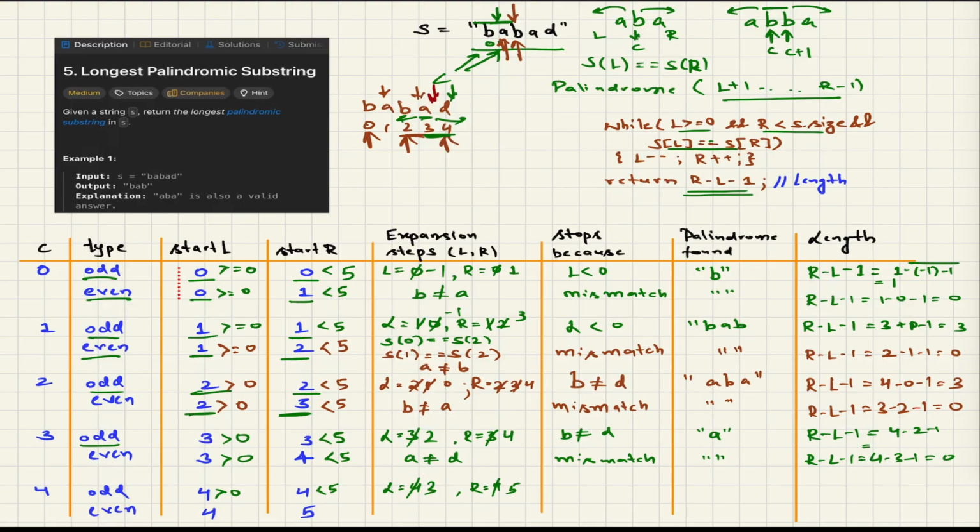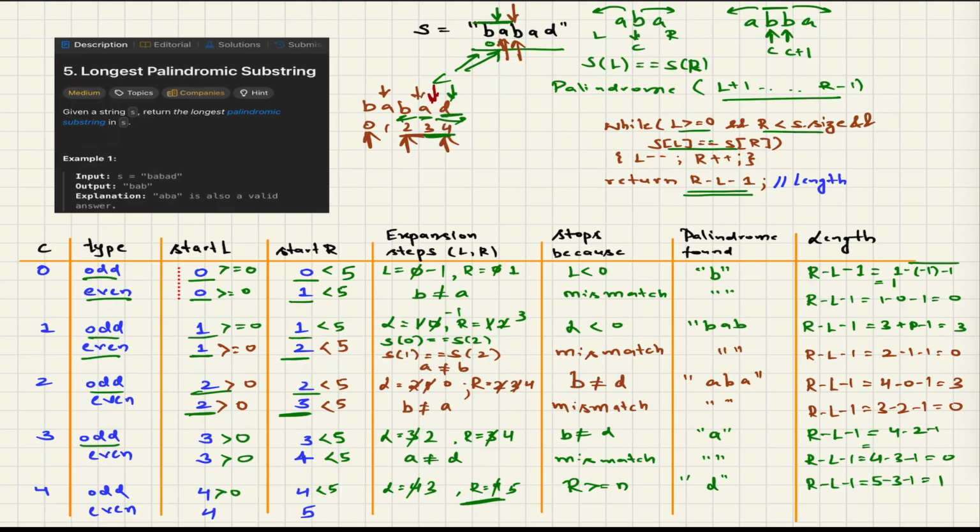Yes. But is R less than 5? No, it is not. So we are stopping because this is greater than the size itself, and now we return R minus L minus 1. R is 5, L is 3, minus 1, this is 1, and obviously we are finding one substring because D was one palindromic substring.